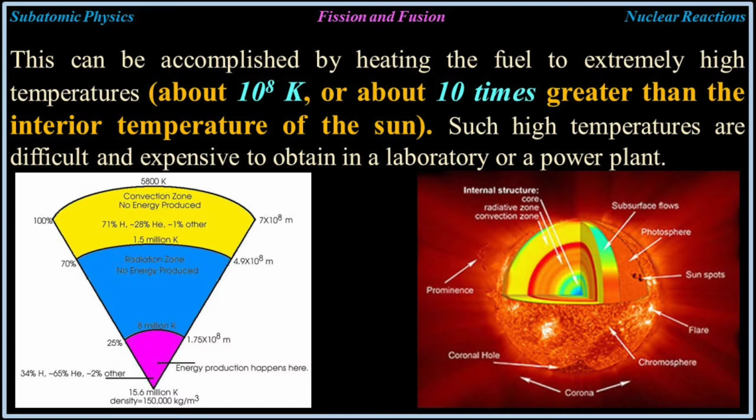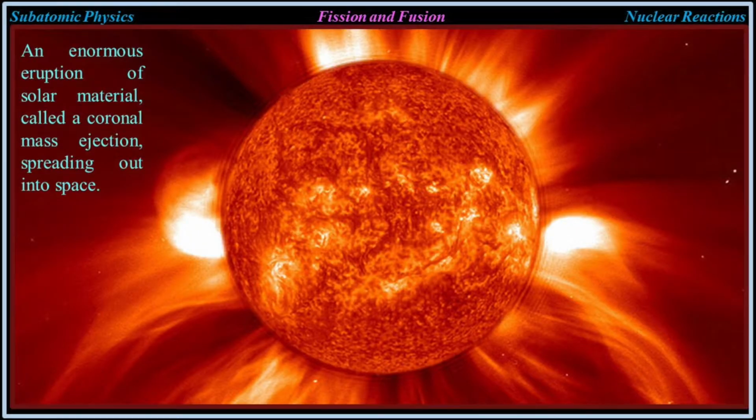Such high temperatures are difficult and expensive to obtain in a laboratory or a power plant. An enormous eruption of solar material called a coronal mass ejection spreading out into space.